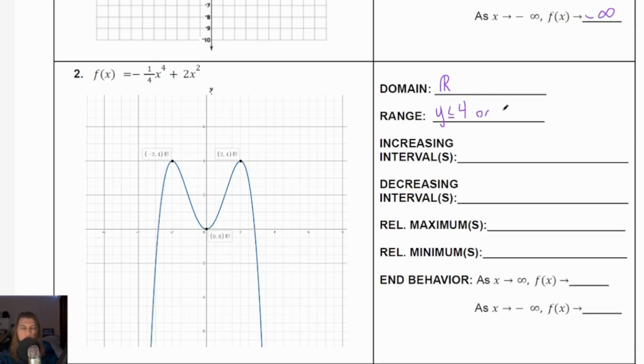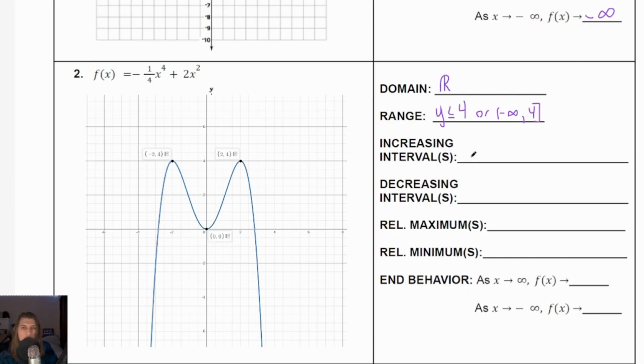Or we can write it in interval notation. So this would be negative infinity to 4. And this time, since 4 is included, we can write the bracket. The only time we cannot write the bracket is for increasing and decreasing intervals.